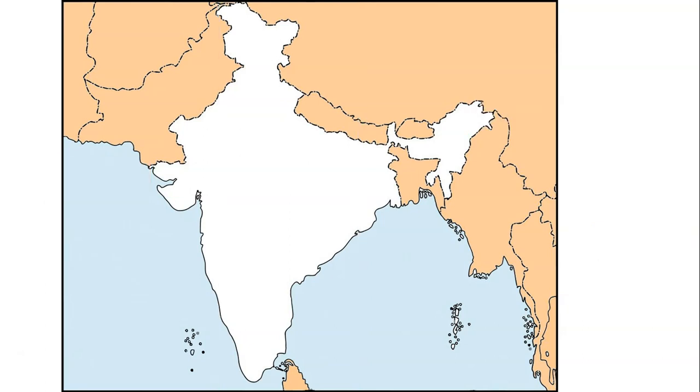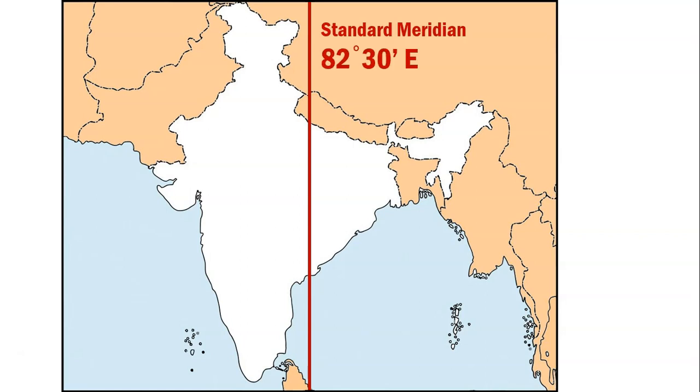Well, to avoid the confusion, India has a standard meridian marked at 82 degrees 30 minutes east. And the time taken at the standard meridian is the centralized time for the entire country. However, this is still leading to confusion, and some people in India, especially in Assam, are demanding 2 time zones.